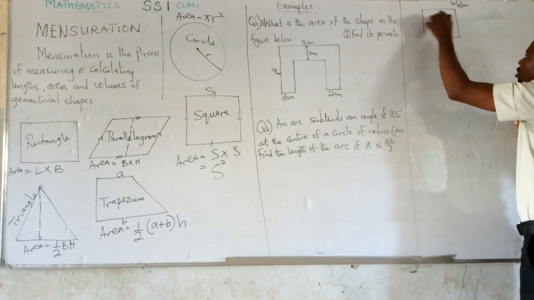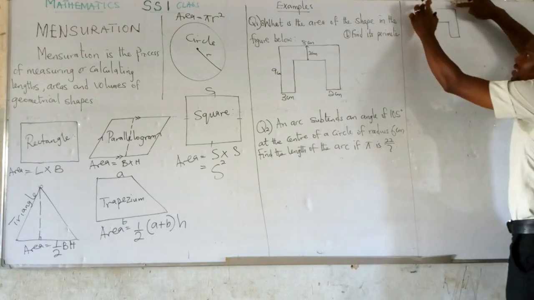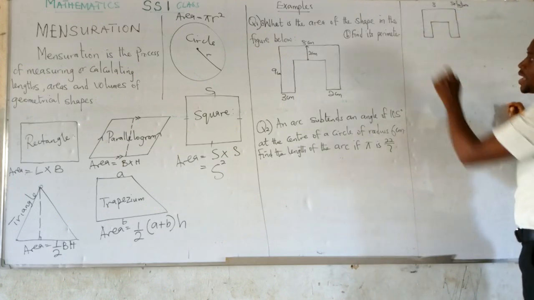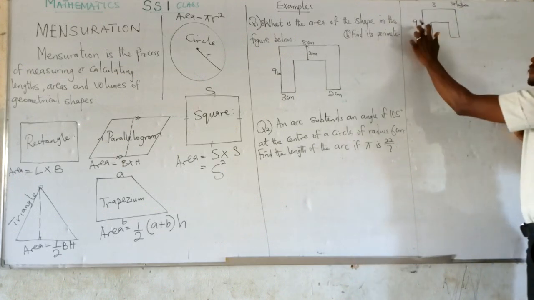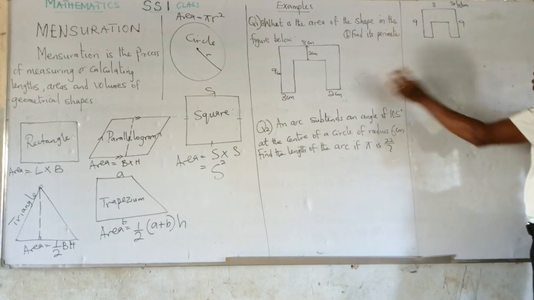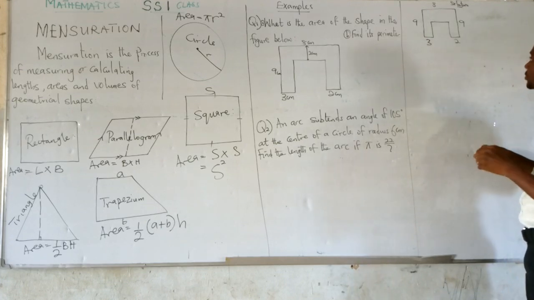We want to quickly look at the area of this shape. We are told that the distance from here to this place is 8. And here is 9. If here is 9, automatically this part is 9. And from our question, we have 2 here, we have 3.